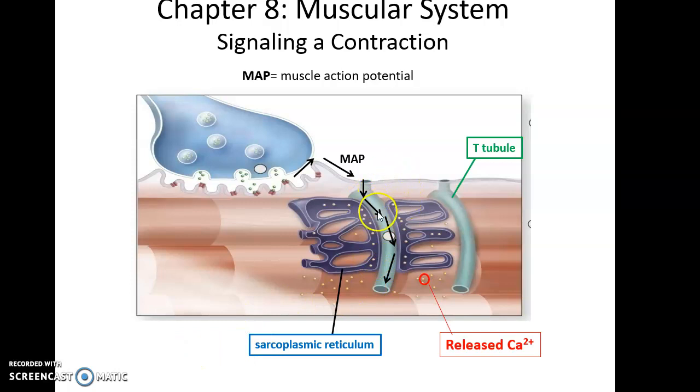When the muscle action potential, that change in charge across the membrane caused by the movement of ions, reaches into the transverse tubule, that change in charge also affects the sarcoplasmic reticulum and causes it to release the calcium ions it is storing. Calcium ions are important for signaling the contraction. So again, the muscle action potential reaches the transverse tubule, and that signals the sarcoplasmic reticulum to release the calcium ions it is storing.